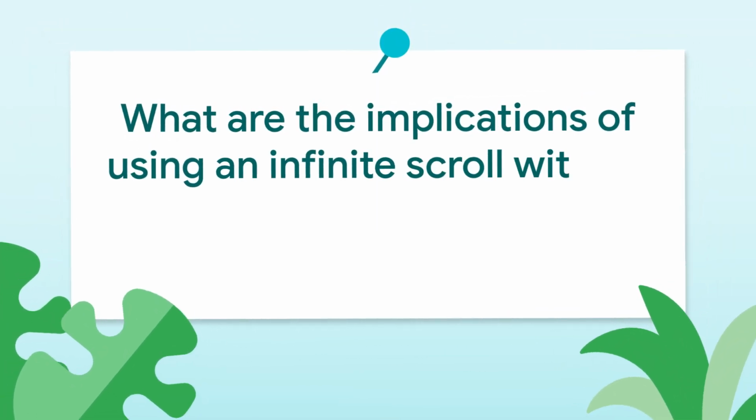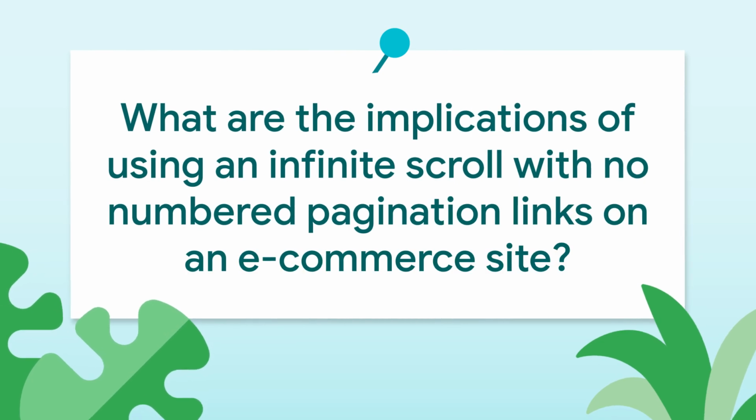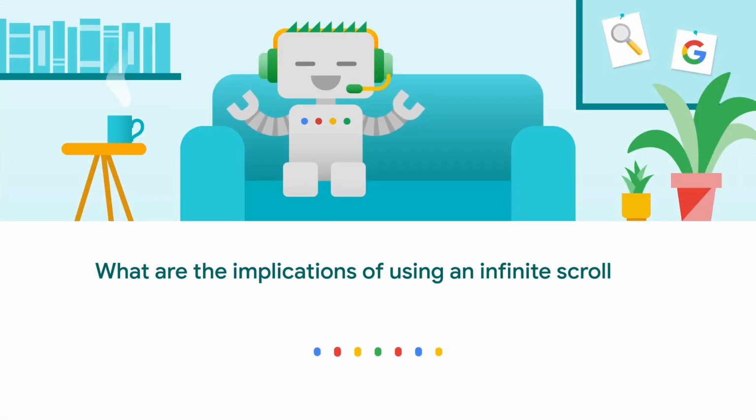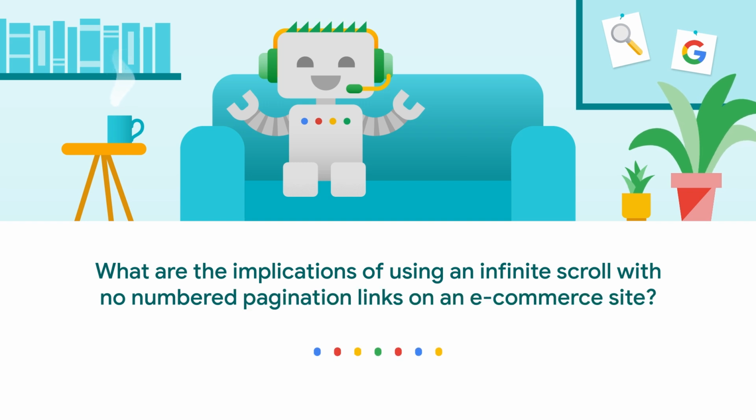Adam asks, what are the implications of using an infinite scroll with no numbered pagination links on an e-commerce site? Hi, Adam. One of the difficulties with infinite scroll in terms of Google search is that search engines need to do the scrolling in order to see the next segment of content.